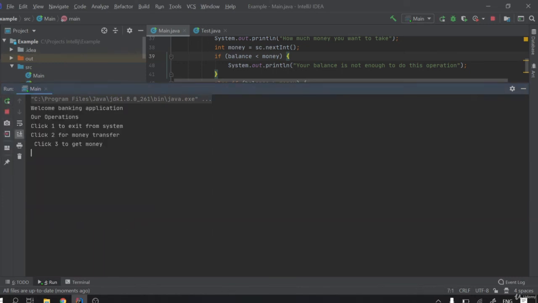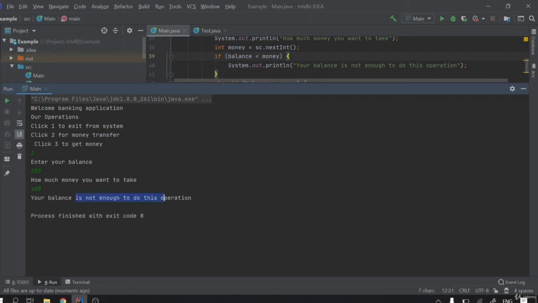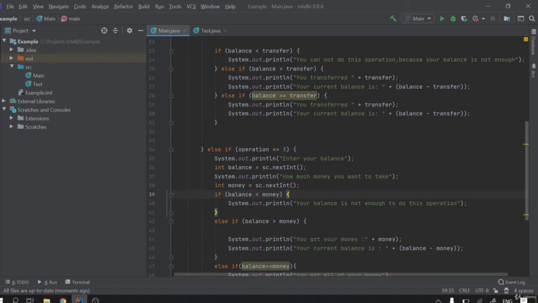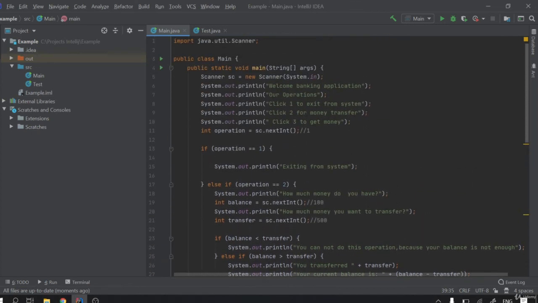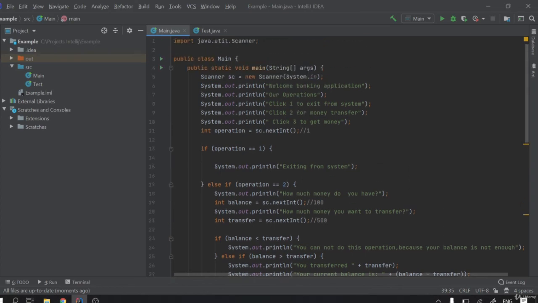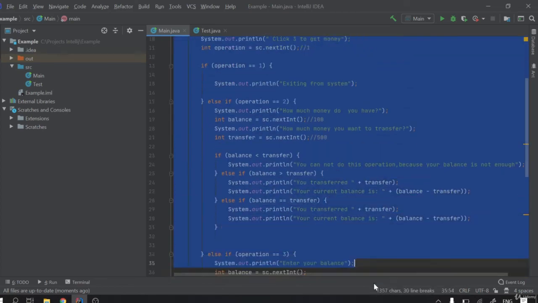Let's test our third. You enter your balance, for example, 200. How much money do you want to take? This. Your balance isn't enough to do this operation. So guys, this was our banking application, and I think if you understand this, you completely get our else if and Scanner class. Guys, it's a perfect application.